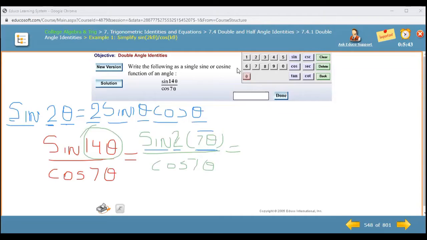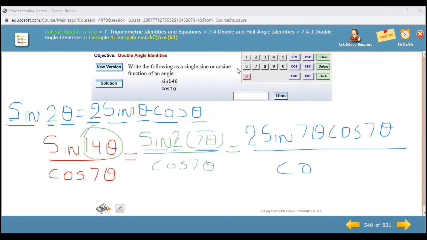That is 2 sine angle cosine angle divided by what? Cosine 7 theta. Cosine 7 theta and cosine 7 theta cancel out, and we are left with what? 2 sine 7 theta. That's the answer.